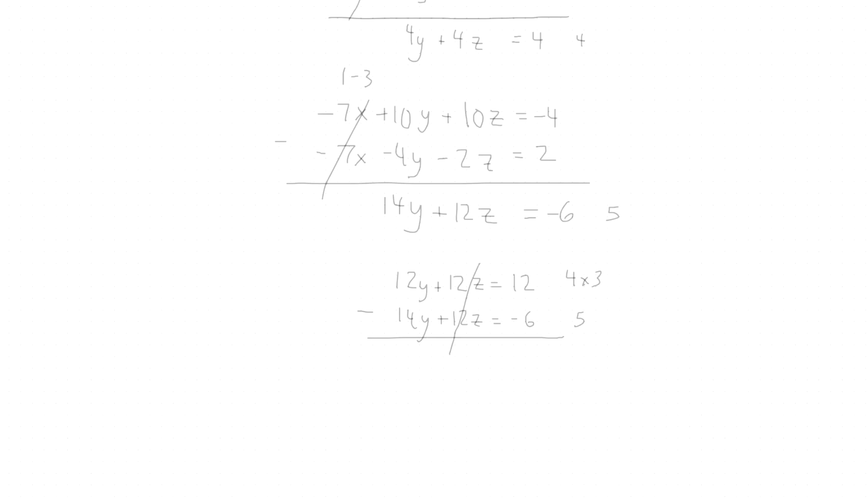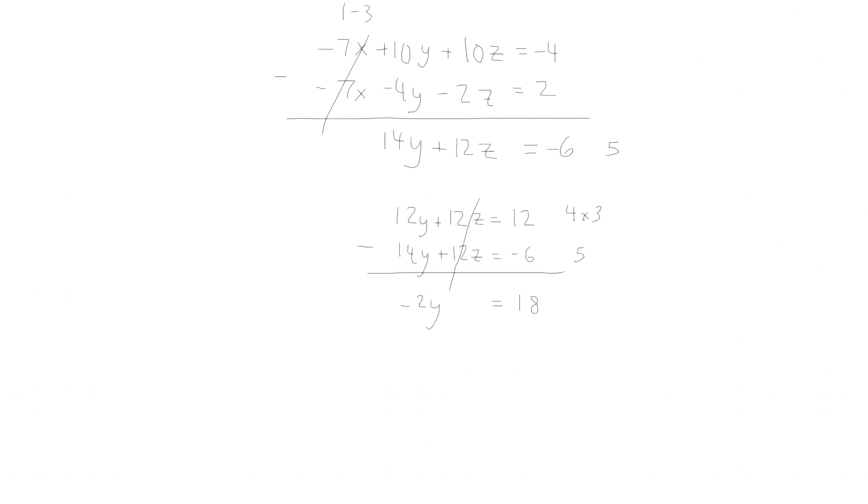And what's 12 minus -6? 18. So we have negative 2y equals 18. Divide both sides by negative 2. 18 divided by negative 2 is -9. So there's our y: y equals negative 9.